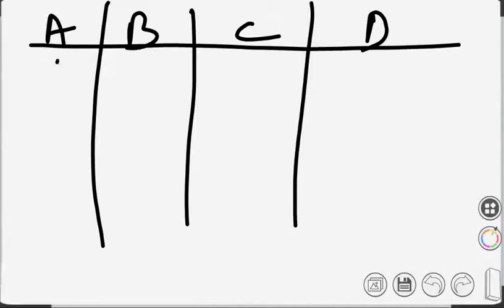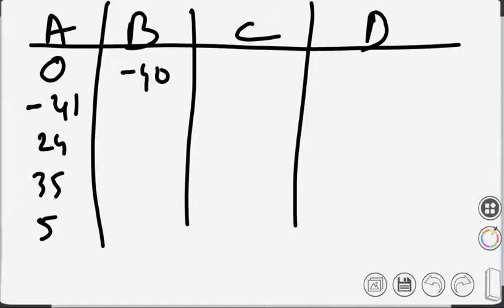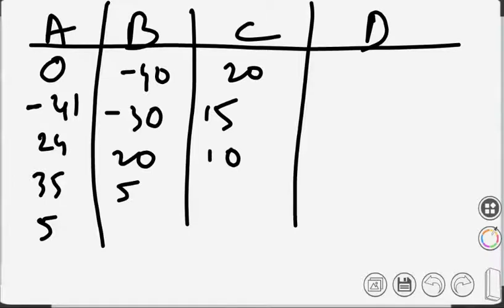Tell me quickly. Shivobroto, tell me. Minus... what is the data? So -41. 24, sir, 24. 35, 35. 5, 5. Let Shivobroto speak. B: -40, -40, -30, -30, 20, 20, 5, 5. C: 20, 20, 15, 15, 10, 10, -20, -20.